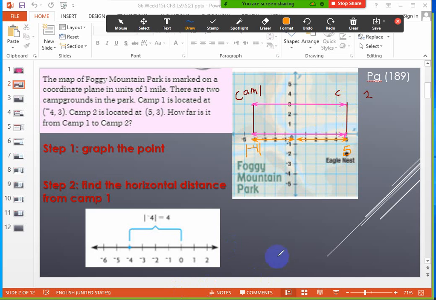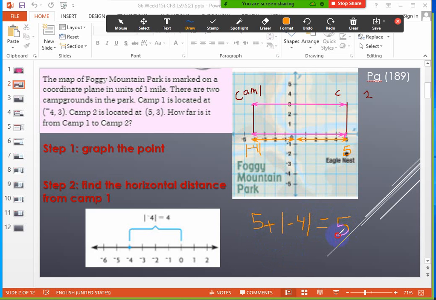The distance will be 5 plus the absolute value of -4. What is the absolute value of -4? Yes, Farah, it's 4.